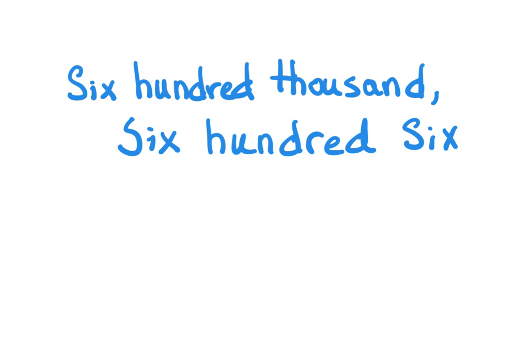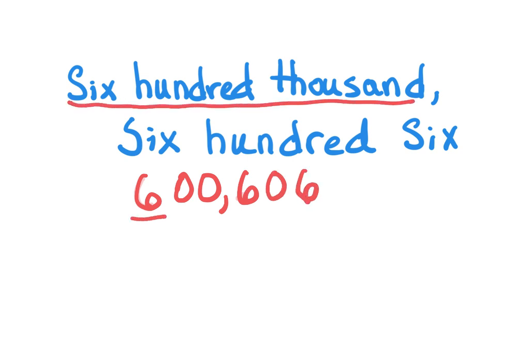Okay, this next one is showing us word form. And we're going to take word form and turn it into standard. So 600,606. A lot of sixes, trying to fool us. The 6 is right here, the 600,000.